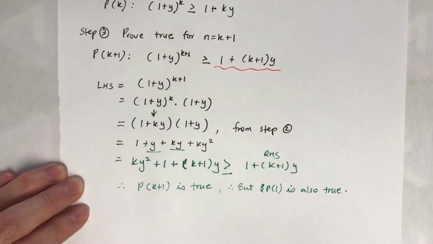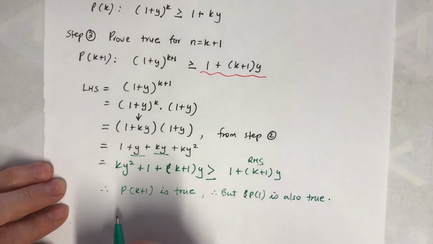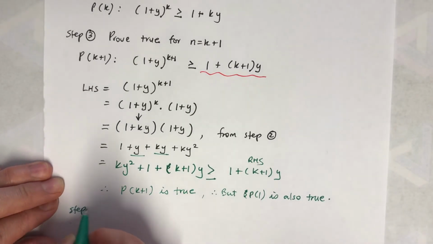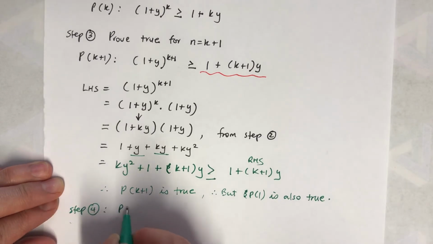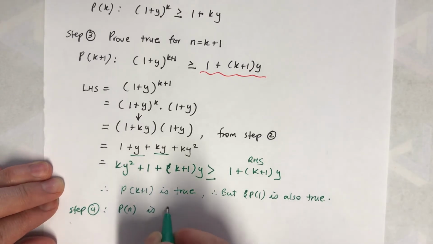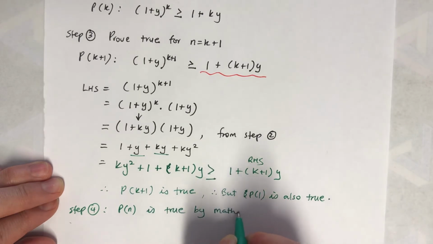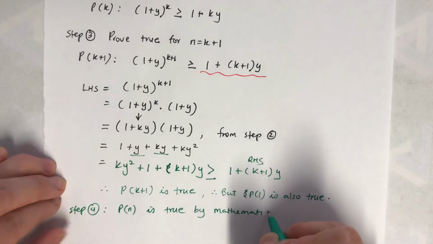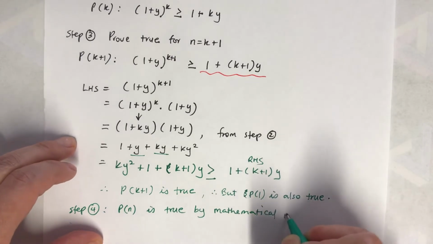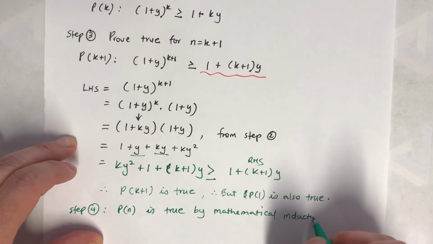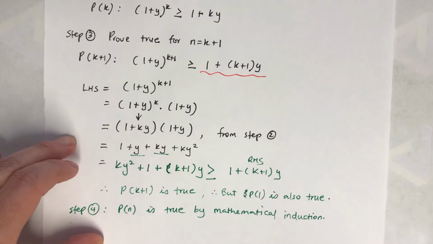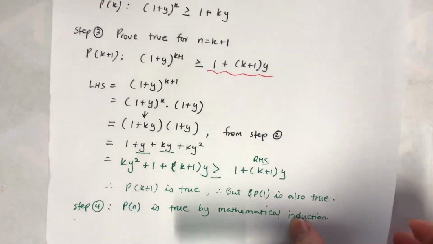And then the other middle one we assumed that it was true. So therefore step 4, we can say P of n is true by mathematical induction.